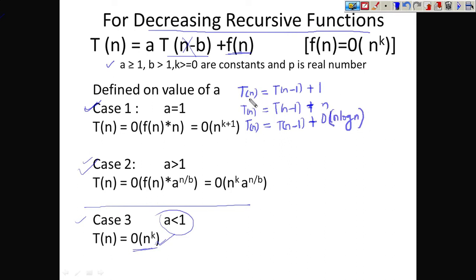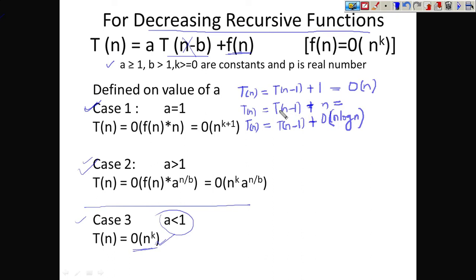So if this is a scenario, you can see that these are all decreasing recursive functions and the value of a is 1. So in this case, what will be the answer? You just look at the function and multiply by n. So the function is the constant here. So multiply by n, you will get big O of n as the answer.